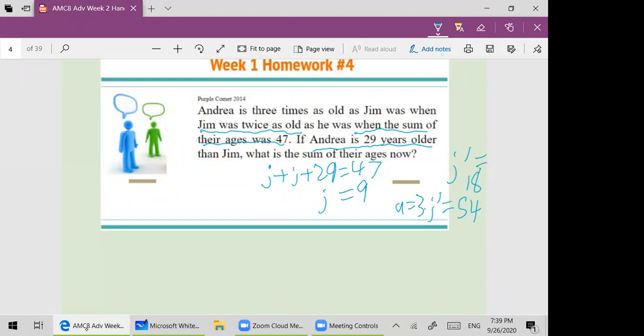Andrea's current age is still 29 more than Jim's age, so Andrea's age plus Jim's age is 2 times Andrea's age minus 29, which is 108 minus 29, which is 79.